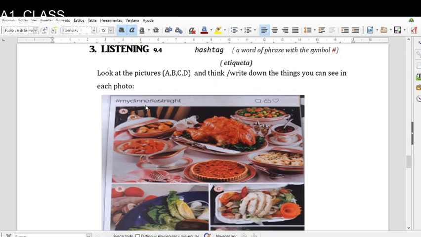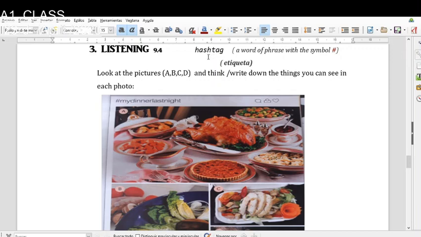Etiquetar algo es a hashtag. Because you use a hash, utilizamos la almohadilla, and a word or a phrase. Then a word or a phrase with the symbol hash is called hashtag. Que tú etiquetas en las redes sociales. It is a hashtag.